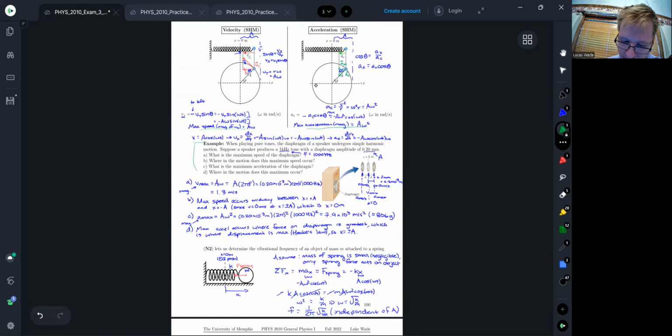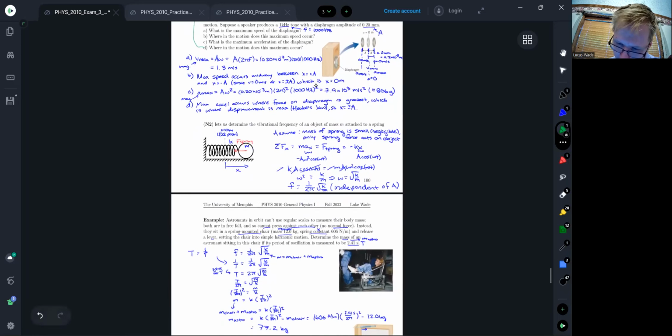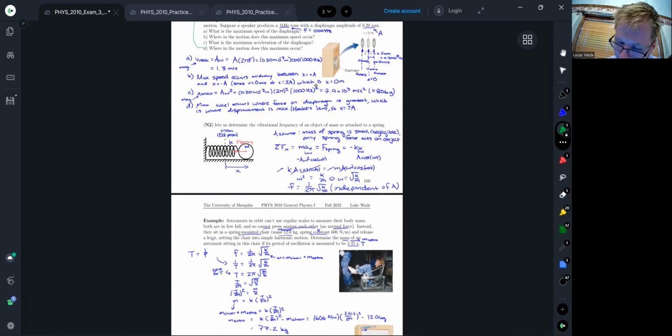But this example right here is a good one, both conceptually and for some calculation-based stuff that's on the exam. So with the speaker, knowing where the velocity is maximum and 0, as well as where the acceleration is maximum and 0. And then we found this equation for the angular frequency of a mass-spring system.